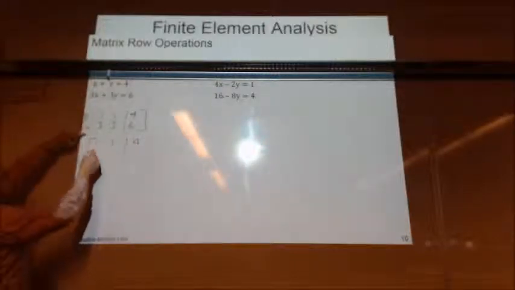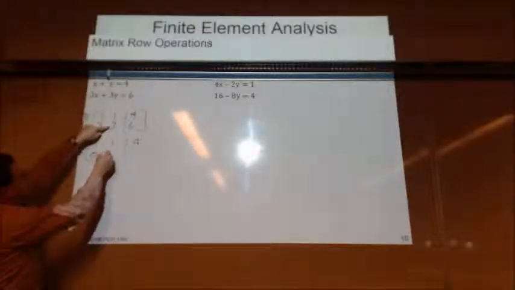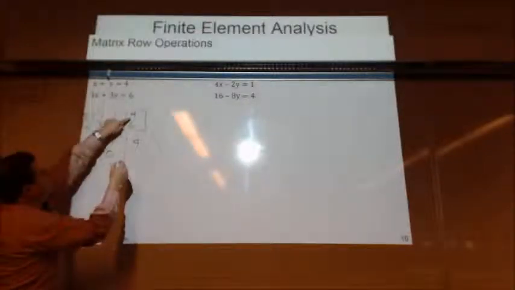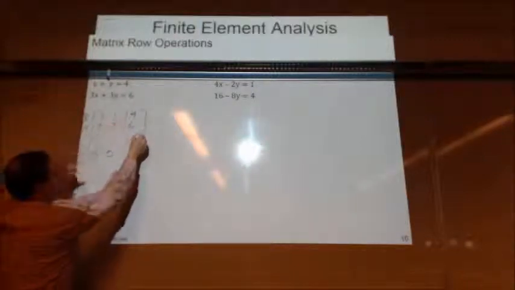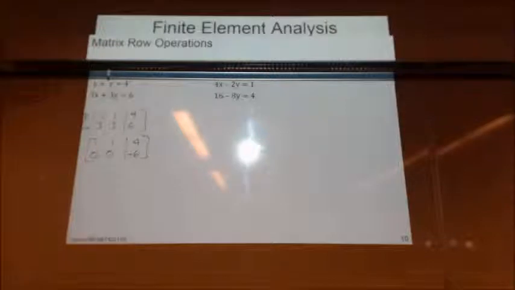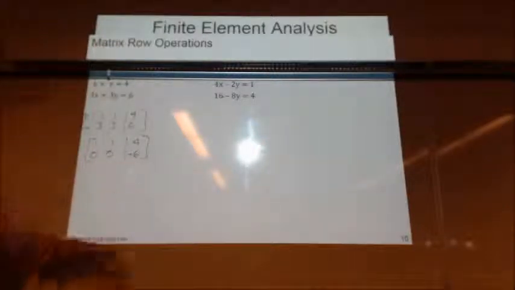So 3 plus -3 is going to be 0. -3 plus 3 is going to be 0. -12 plus 6 is -6, right? Well, 0 doesn't equal -6, right?